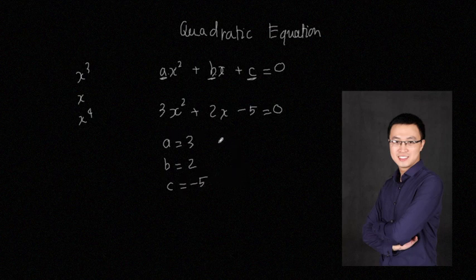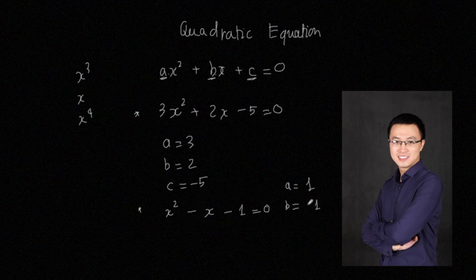Another example that may be easy to get confused is x squared minus x minus 1 equal to 0. It's quite easy to get a equal to 1 because the coefficient of x squared here is 1, but most of my students always say the coefficient of x is 1, but in this one it is not 1.